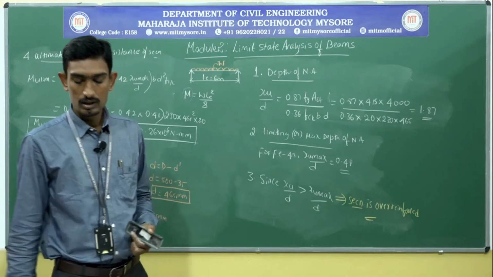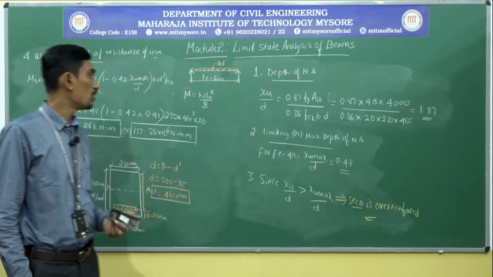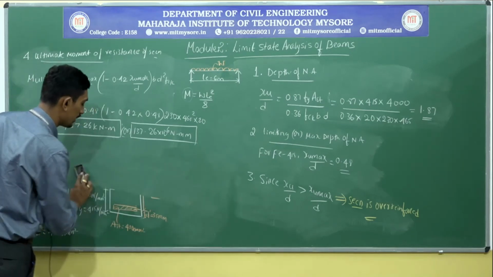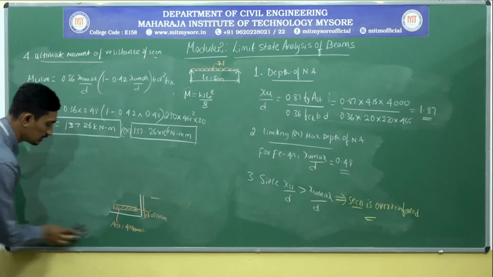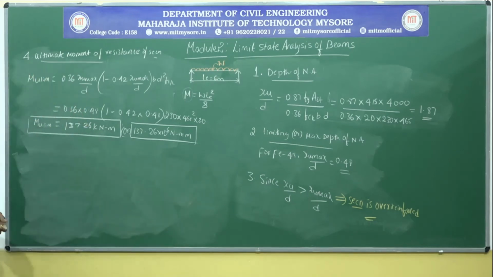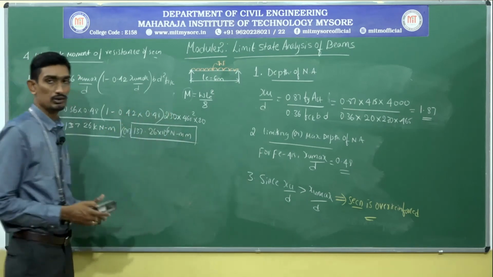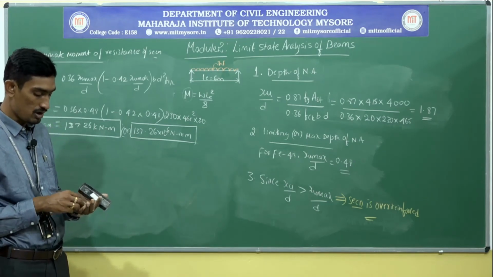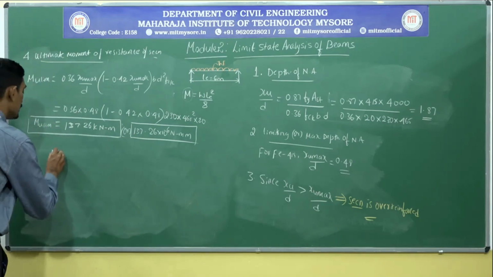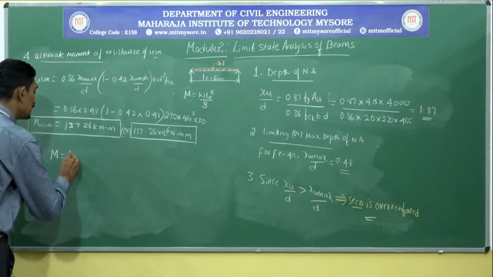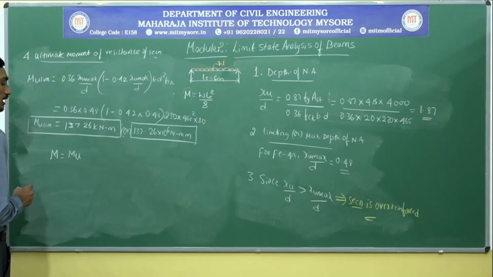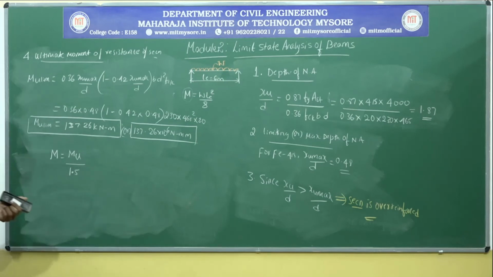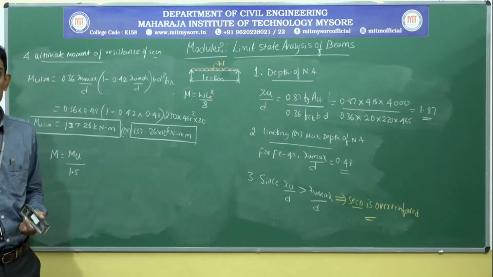Okay. So next, I came to know the ultimate moment of resistance. But I require the unfactored moment. So how to convert that? You already know unfactored moment M is equal to ultimate moment divided by partial safety factor 1.5, or factor of safety.